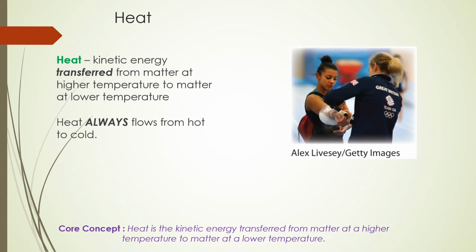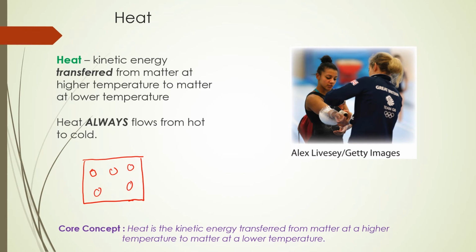Heat is defined as transfer of kinetic energy from one matter to another matter. Now, what does that mean? So let me explain. For example, let's imagine we have a matter contained in this box, and as we know that matter is made up of particles, so imagine that these are the particles which make up this matter.